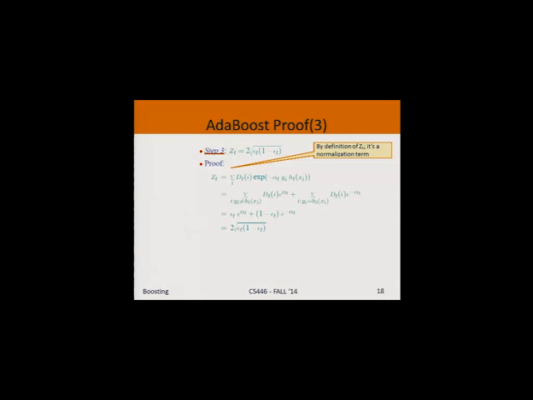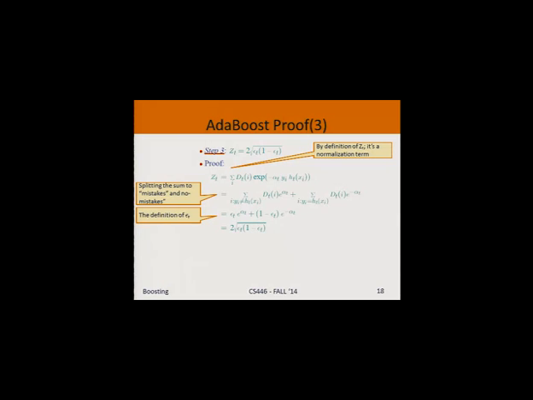Now I'm going to rewrite it, and the way I'm going to rewrite this sum is I'm going to split it into two sums. A sum over those on which I made a mistake, and a sum over those on which I did not make a mistake. Okay, so just splitting the sum. And again, directly by definition of the error, what is this? The sum over all i's of D_t of i is exactly the definition of error.